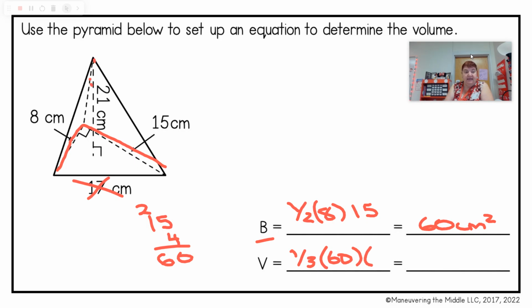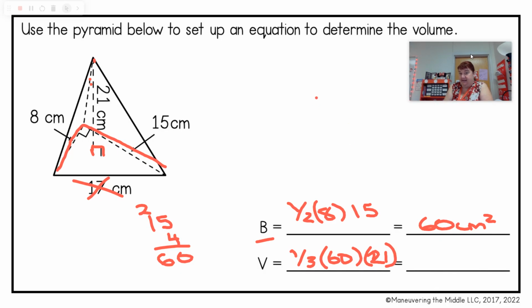This is the height coming down here, and it makes a right triangle with the what? The height makes a right triangle with the base. You're right. Okay, so that would be 21. Now, 1/3 of 60 is easy.